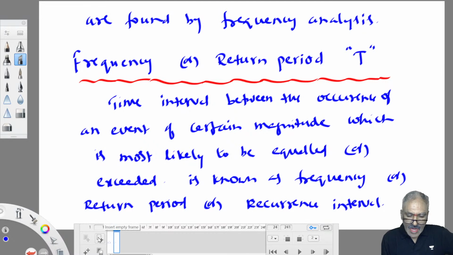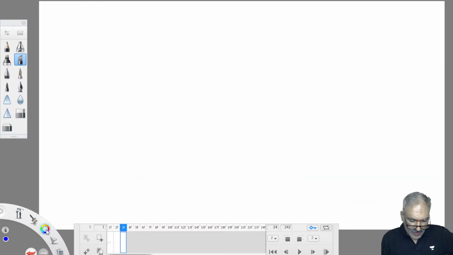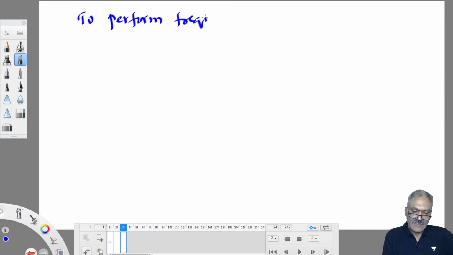How to find it out? To perform this frequency analysis, we require data related to that event. If data is available, you can find it out. So if data is given to you, how can you work it out? That is also important. To perform frequency analysis, it requires a time series of data, data with respect to time.